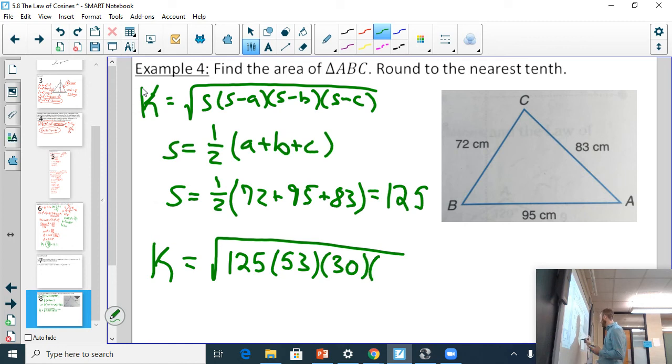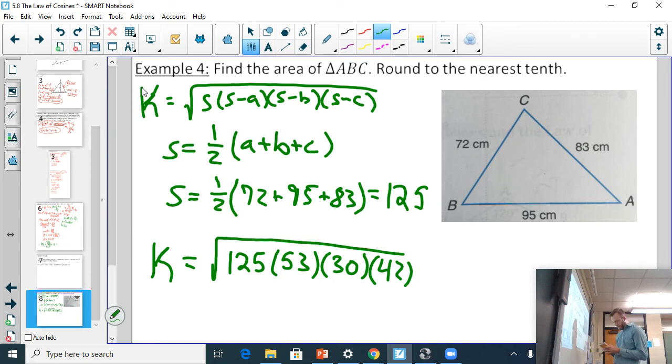I could do all of these in my head, but why not use something that'll be a little faster? And then our last one that we didn't do was minus 83, which is 42, right? And this is just a big calculation. We'll do 125 times 53 times 30 times 42.